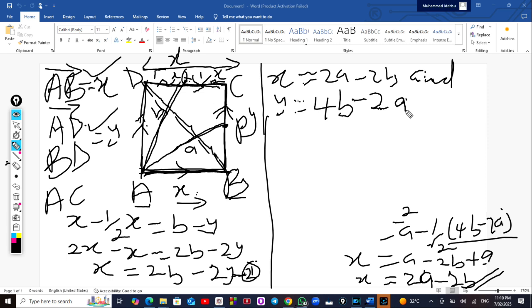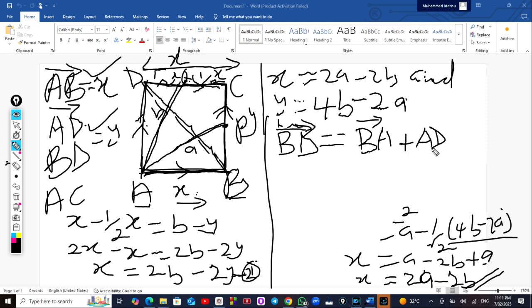Okay, so BD is equal to what? Using the triangular law, BA plus AD. BA means negative AB.